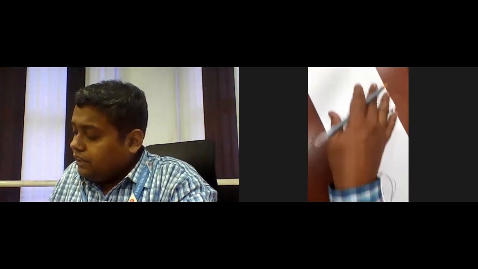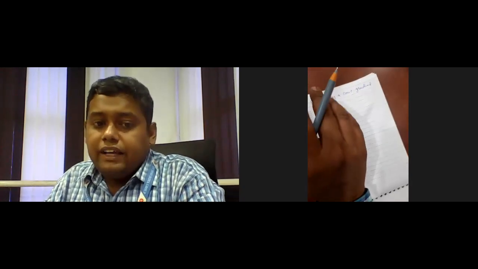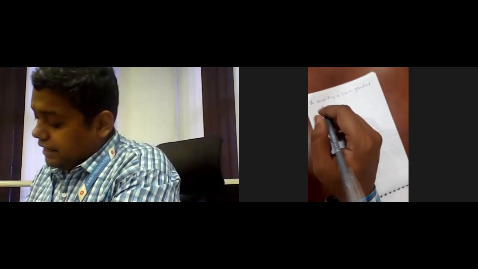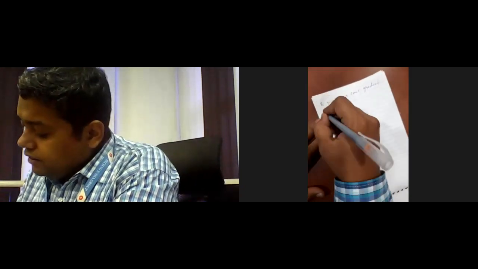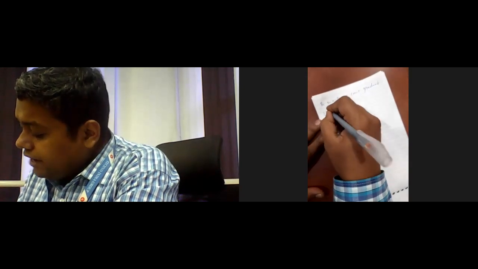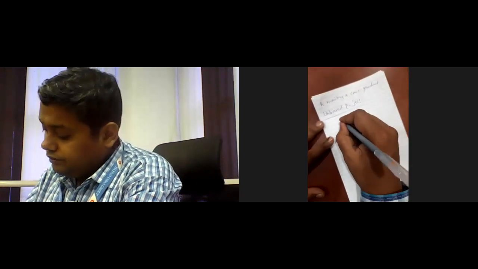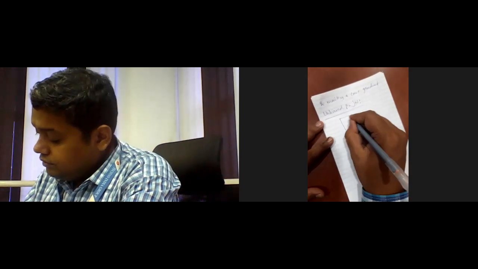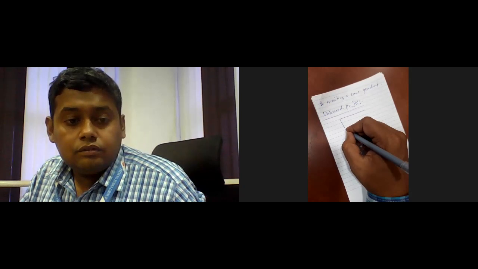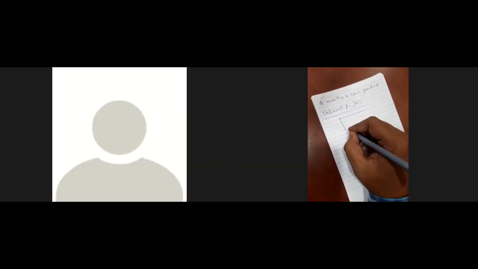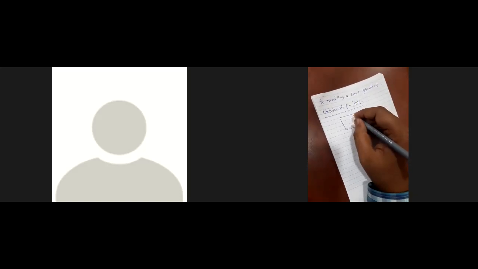Now, when the p-n junction is formed, what actual phenomena occur inside the junction is considered here. That is the unbiased p-n junction diode. Please observe the diagram.